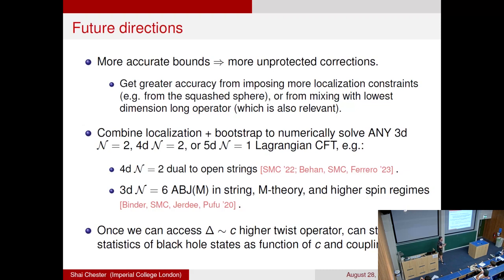And I think this is really the dream of this whole program. Because there's been a lot of work on studying black holes, but always in these very toy models like JT gravity or SYK, which probably aren't really capturing most of real world black holes. So the closest we can probably get to real world black holes is duals to N=4 super Yang-Mills, where you actually have dynamical gravity, you actually have gravitons, they're actually chaotic, it's not like these exactly solvable theories. And probably the best we'll ever be able to do is from the bootstrap. So that's the long-term goal.